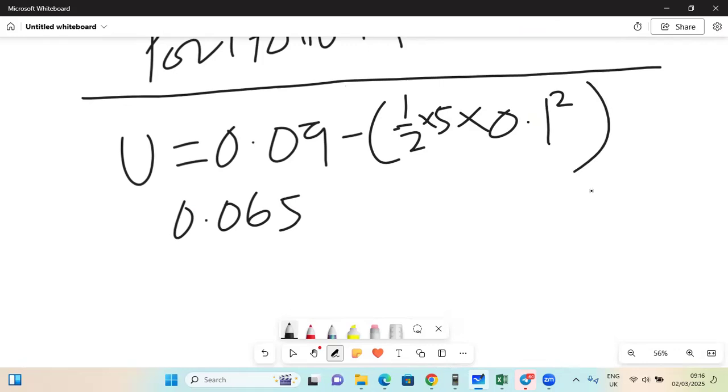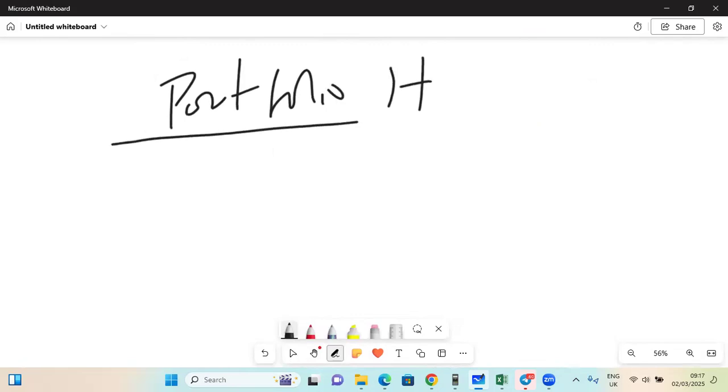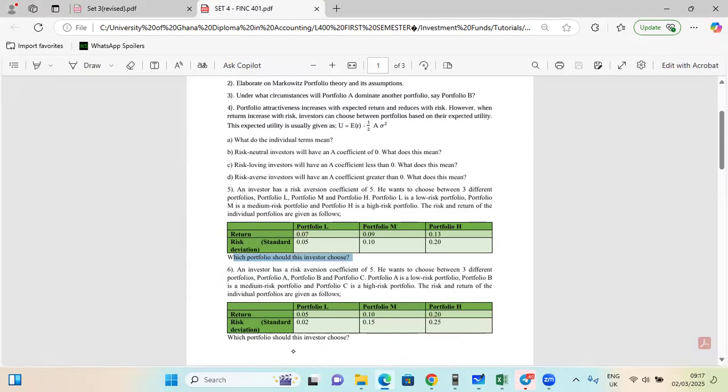Now let's move to portfolio H. For portfolio H, U is equal to the expected return, which is 0.13, and then the standard deviation is 0.20.